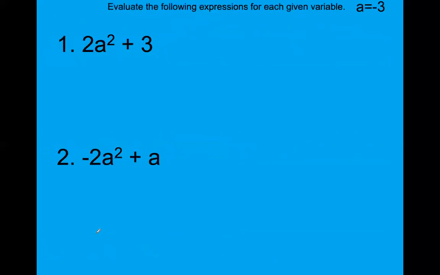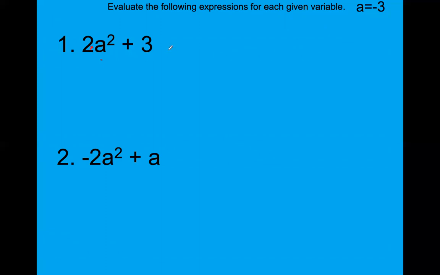Let's have a look at another example. We have 2a to the power of 2 plus 3. We will evaluate this expression for a equals minus 3. Remember, 2a to the power of 2 is the same as 2 times a to the power of 2. There is an invisible multiplication that you have to imagine.